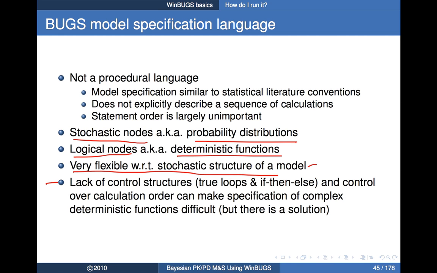And the lack of control over those things can make specification of complex deterministic functions difficult. So now there actually is a workaround for that, but it's a workaround that requires some additional learning. So it kind of falls under the heading of an advanced topic in this case.